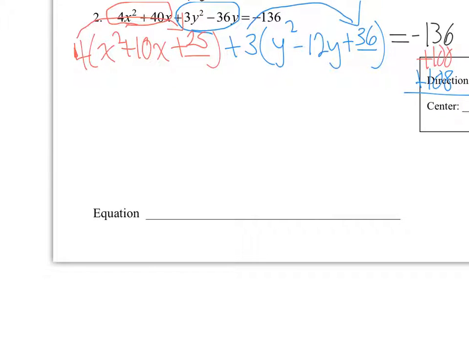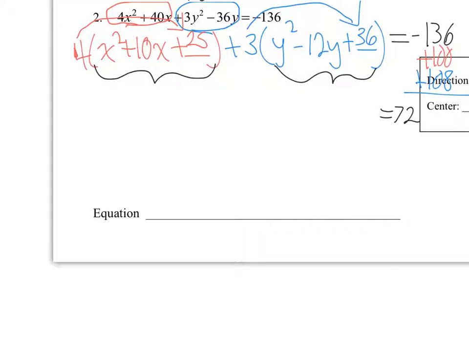So I have to add negative 136 plus 100 plus 108. Let's see what we get here. Negative 136 plus 100 plus 108, and we end up with 72 on that side. So it's going to be equal to 72. All right, so now there are perfect square trinomials.